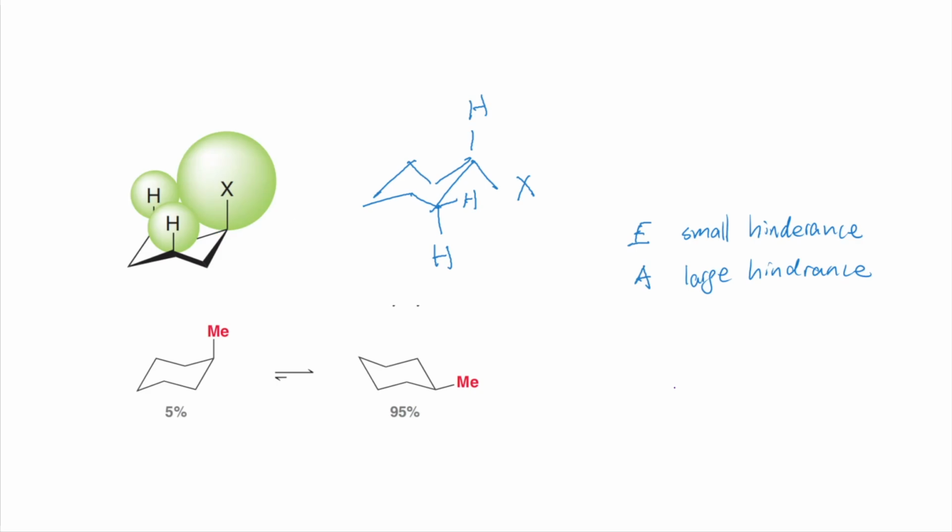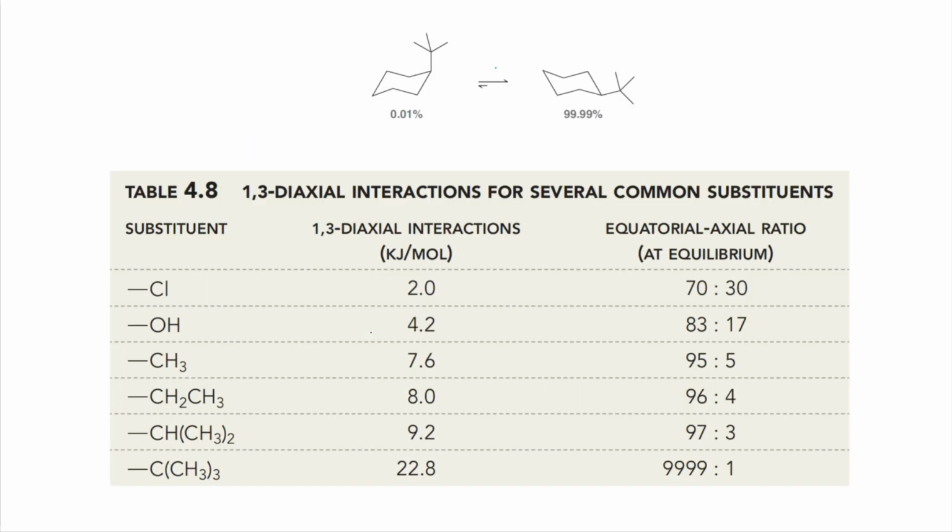So the stereochemistry, just like what we are talking about, we want to put big groups, not heavy groups, but big groups on the equatorial, and small groups on the A bond. So if we have a methyl group here, it will tend to be in this position. Okay.